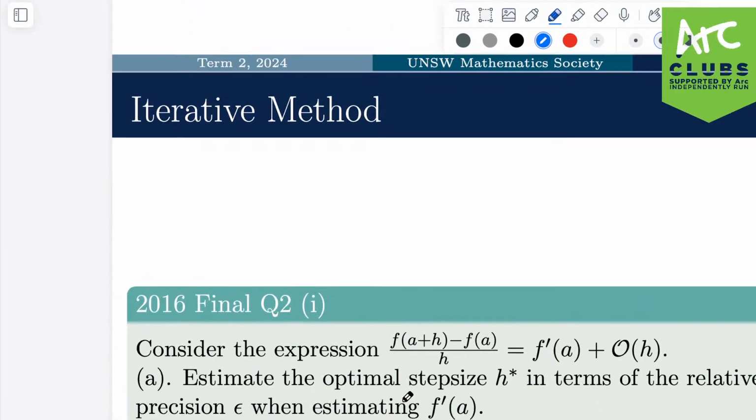So here, the question asks us to estimate the optimal step size h star in terms of relative machine precision epsilon when estimating f dash a. So basically, we just want to find h star in terms of our epsilon. And recall that epsilon is just equal to 2 times 10 to the power of negative 16.